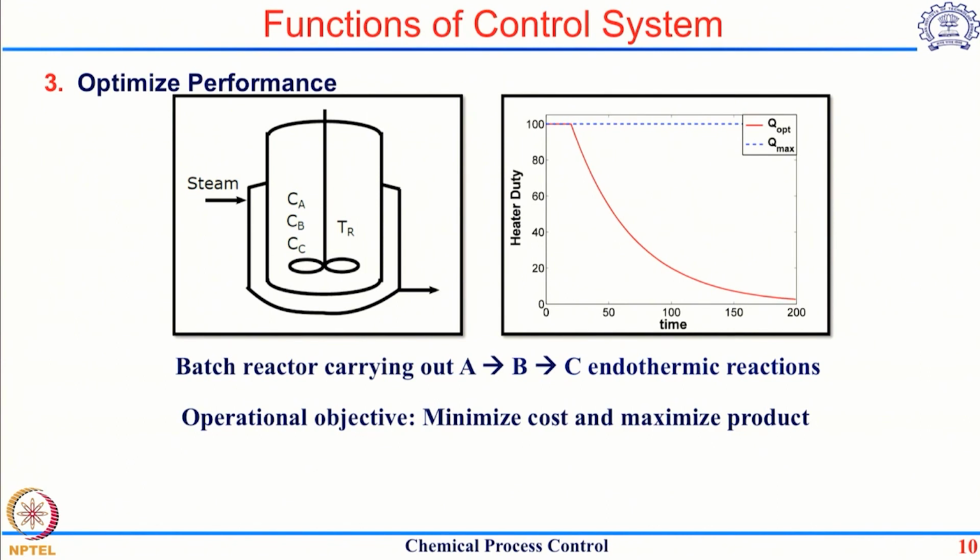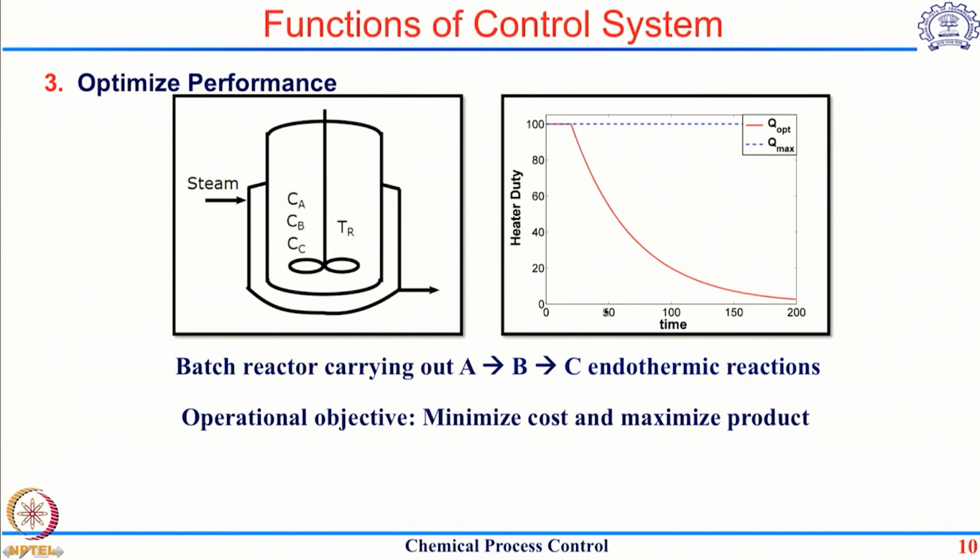The idea is, if you operate the entire operation at the highest steam duty or the heating duty, then initially you would generate a lot of product B, but eventually as all the reactions are endothermic, all that B will get converted into C. So your final yield of B will be less, also you have consumed a lot of steam. The other extreme is you do not provide any heat.